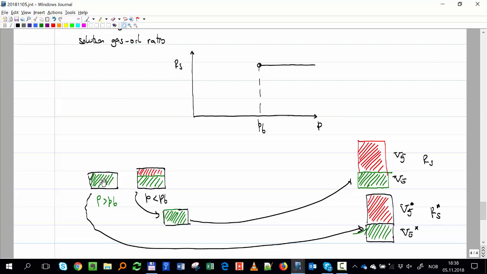This other one, I took away this amount of gas. So in theory, it can take some more gas yet before being saturated. So this RS is lower than this RS star. Therefore, the curve looks something like this, RS with pressure.